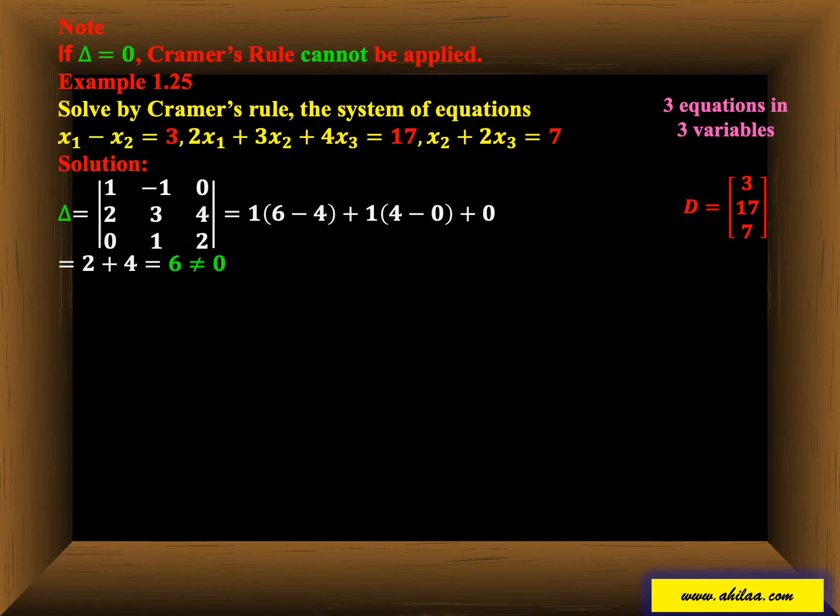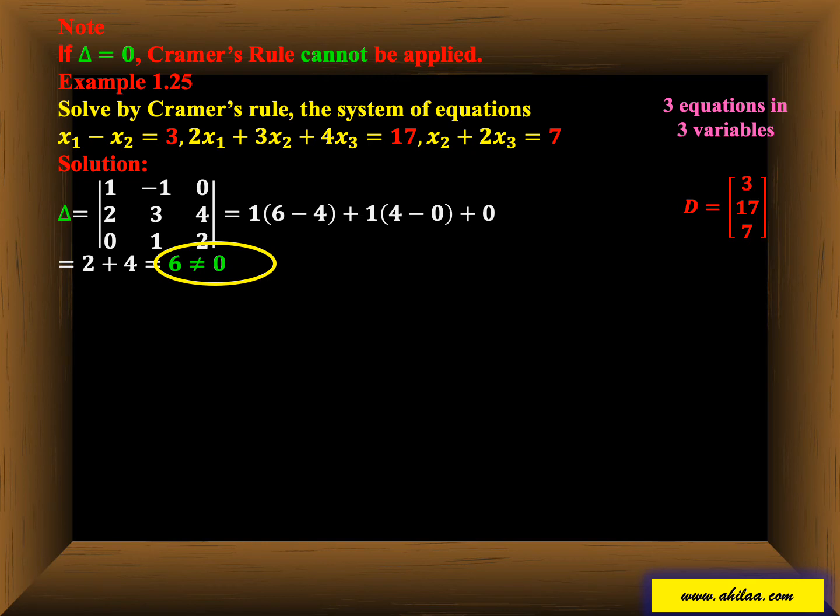And for the third row, the coefficients in the third equation, there is no x1, so we put 0. Coefficient of x2 is 1 and that of x3 is 2. So the third row takes 0, 1, 2. Just expand the determinant. We are getting 6. So we ensure that it is not equal to 0, so we can proceed for Cramer's rule.